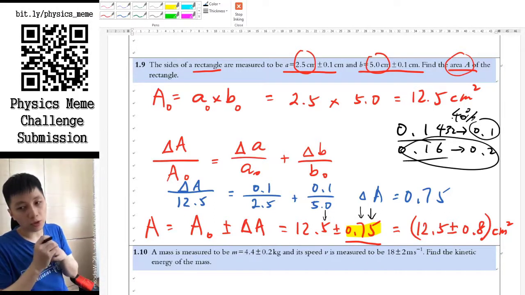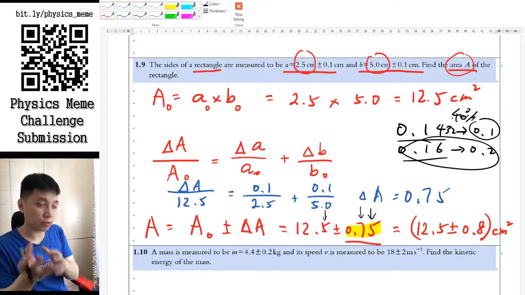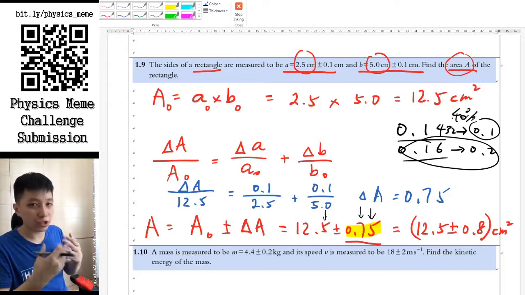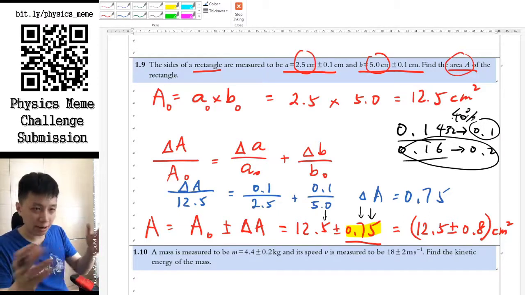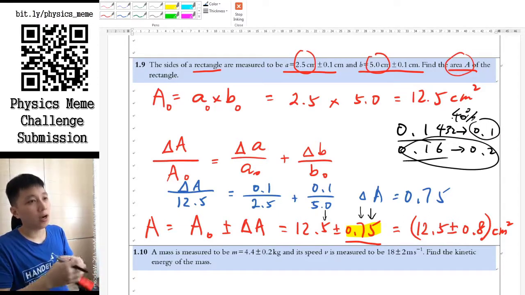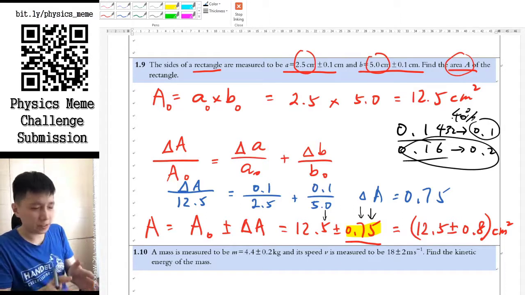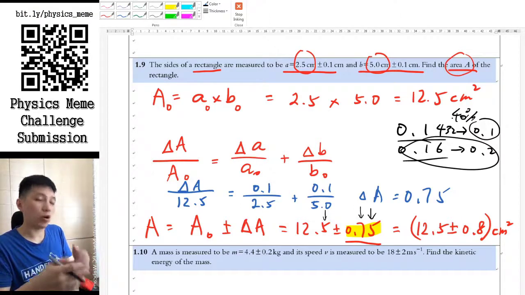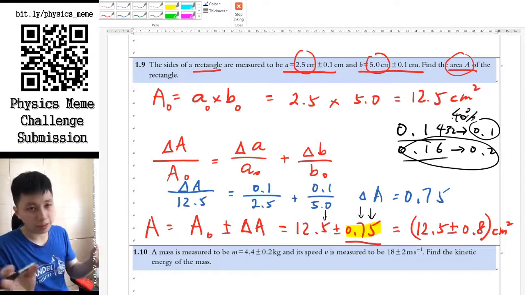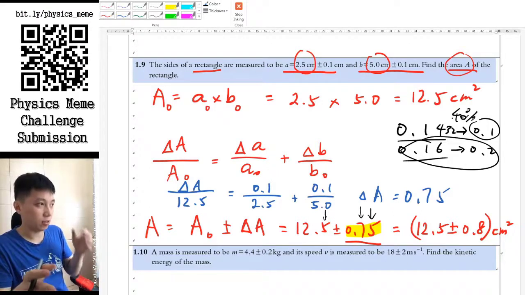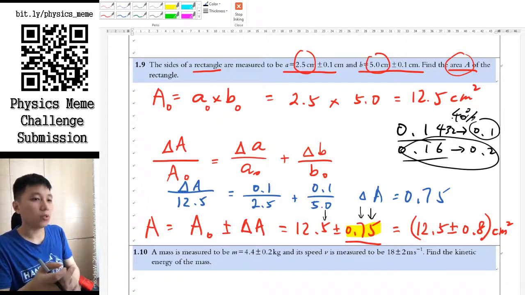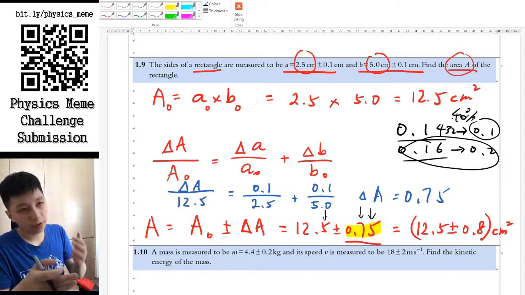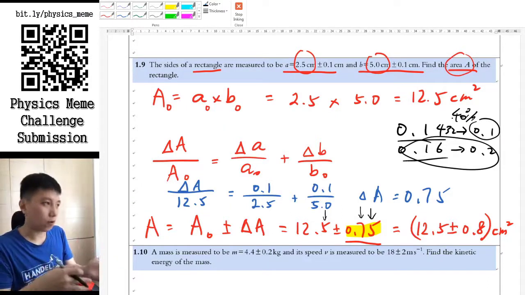It's approximations. So that's why we come up with such a rule for you to follow.